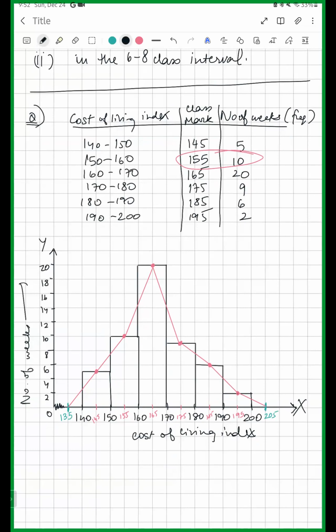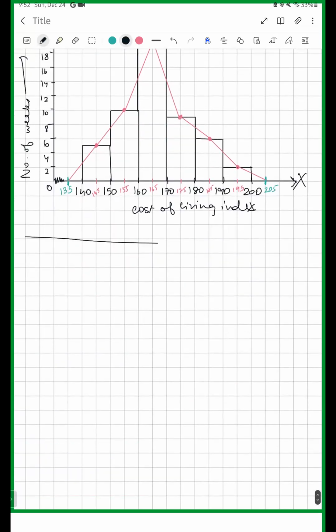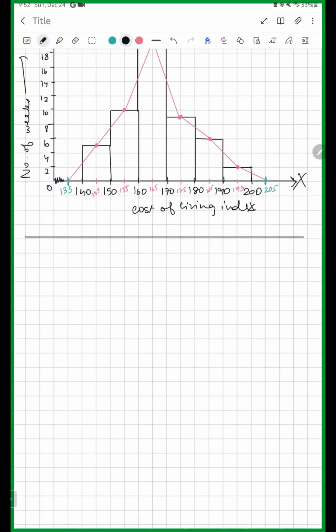All right, let's do this question. So, a particular table has been given.